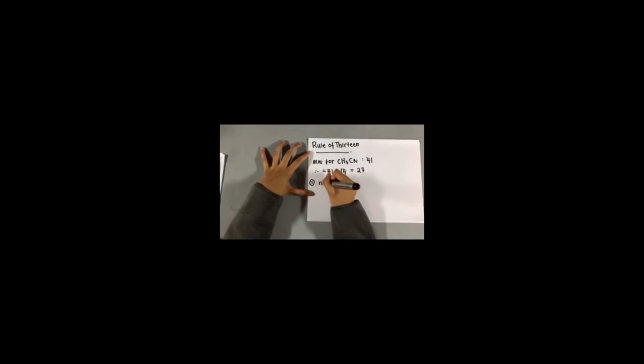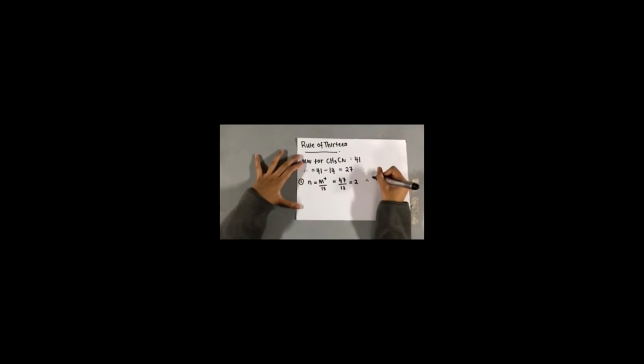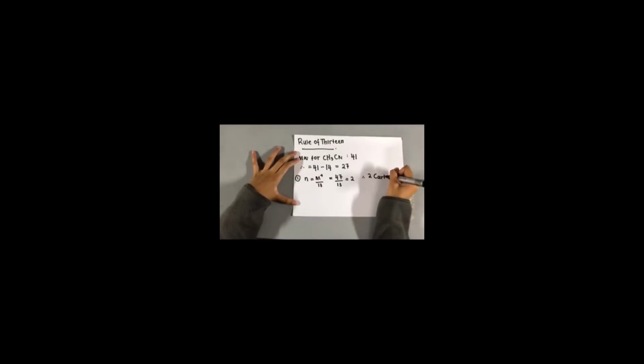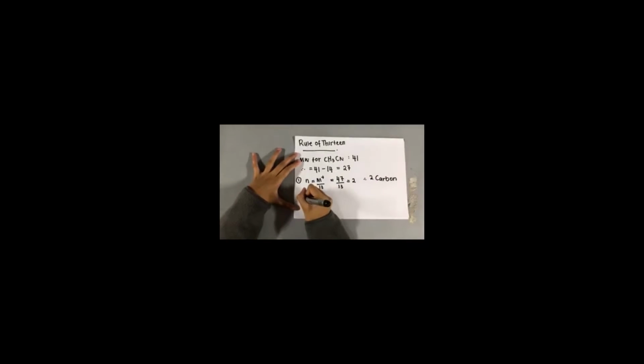And then we find the value for n by using the formula M+ divided by 13. And then we get the number of carbon, which is 2. So the next step, we find the value for m by dividing the molecular weight that was subtracted by the heteroatom, and we get 3 hydrogen.